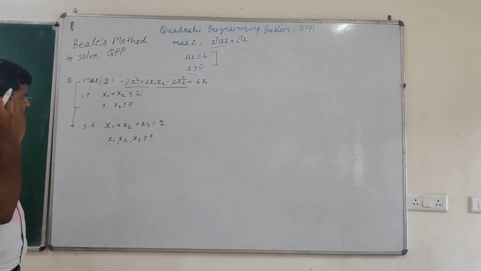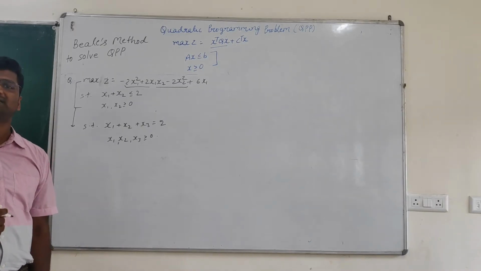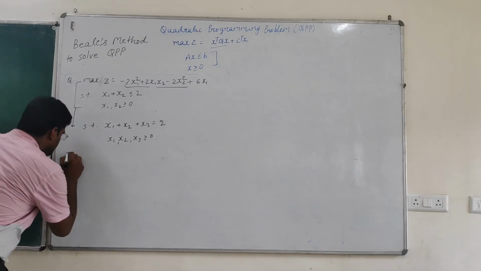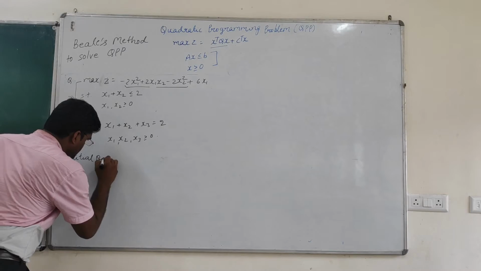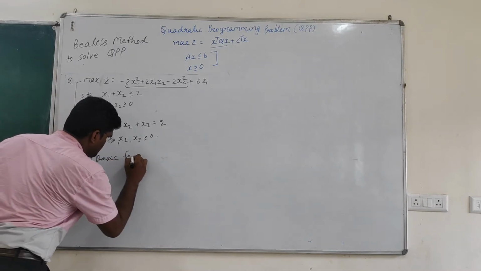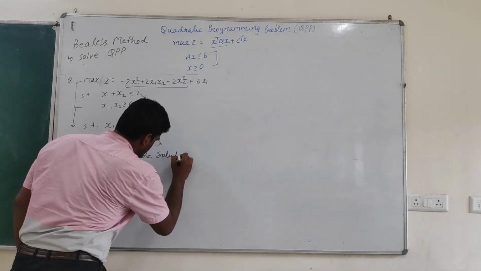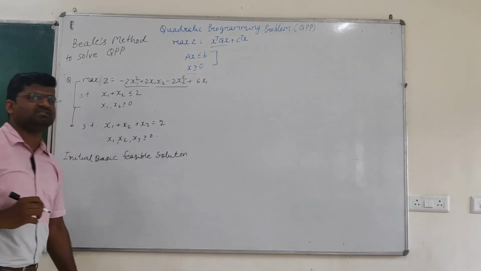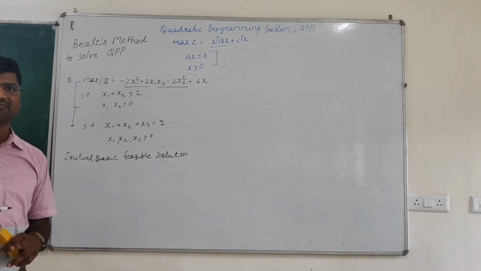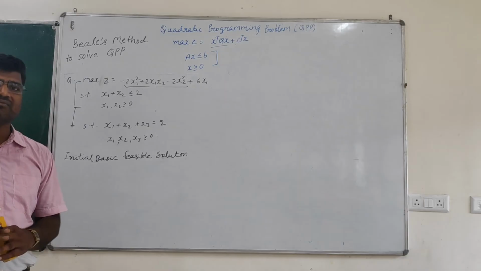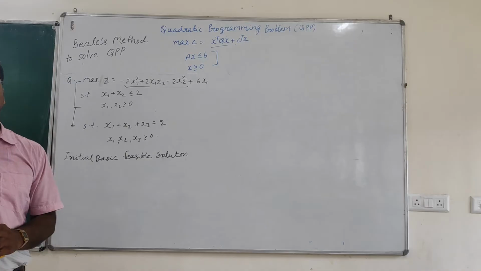Now, like the simplex method, here also we first find the initial basic feasible solution. How many constraints are there? There is one constraint and there are 3 variables. So the number of variables in the basic vector will be just 1.